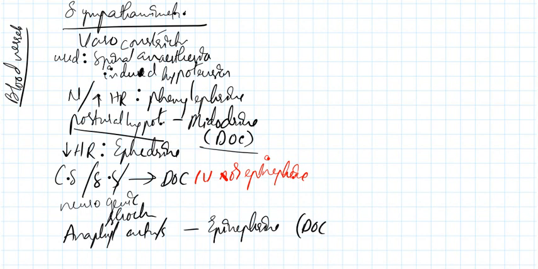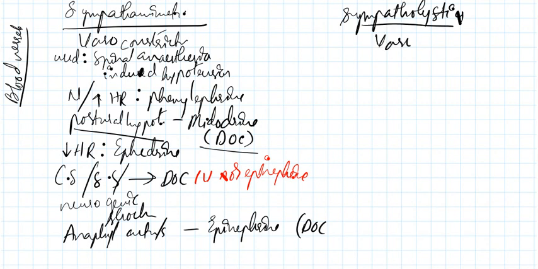I think we don't want to discuss much further. We will go for sympatholytics, or antiadrenergics. When I come to sympatholytics, what do they cause? They cause vasodilation in blood vessels.